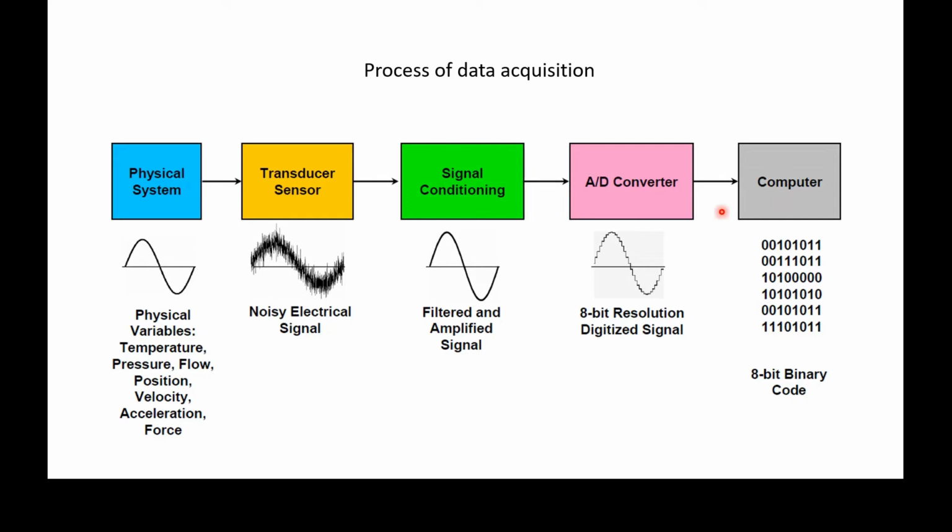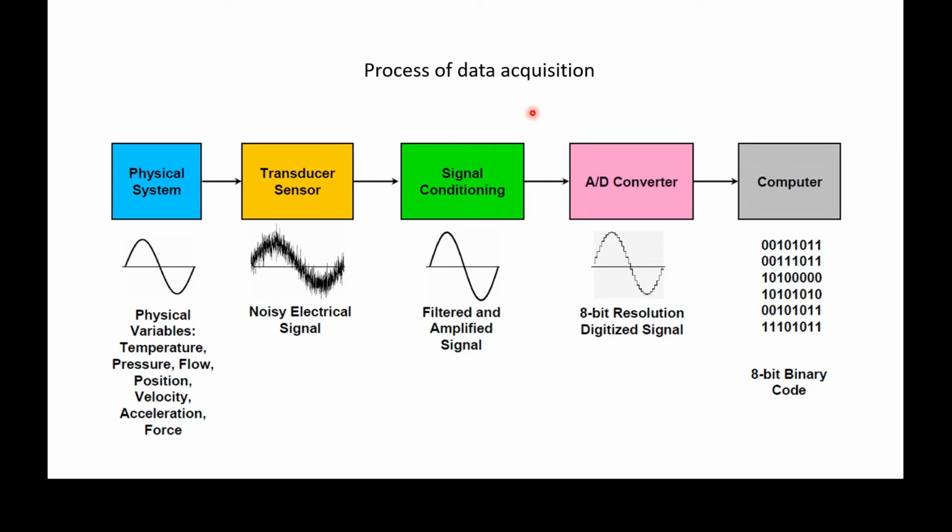And indeed, part of the signal conditioning may take place in the computer itself, where we can do filtering and various other tricks of the trade. So that gives you an overall idea of the system whereby we can obtain our data and have a look at what it looks like on a computer.